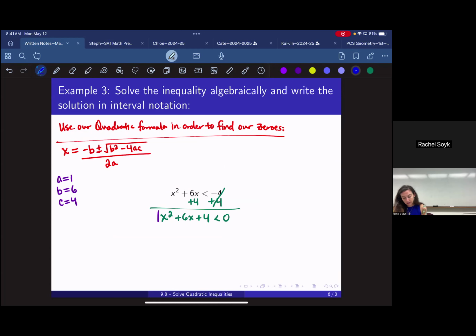So when we plug this in, we get x is equal to negative 6 plus or minus square root 6 squared, which is 36, minus 4 times 1 times 4, which is just 4, all over 2 times a, which is just 2 times 1.